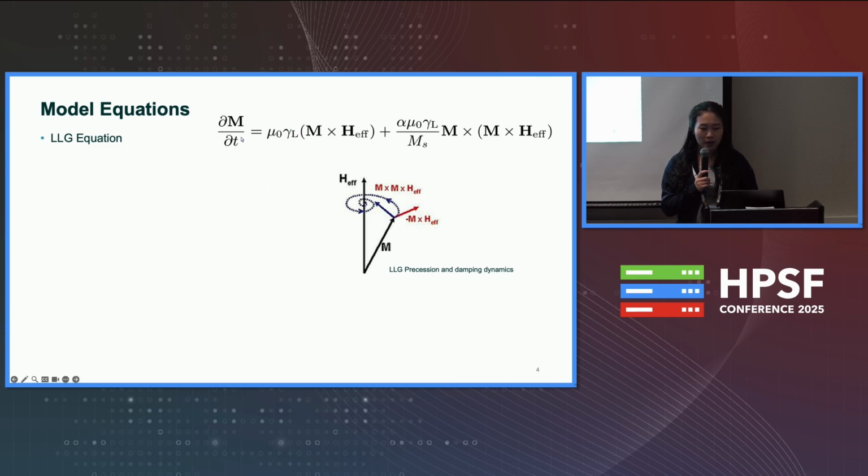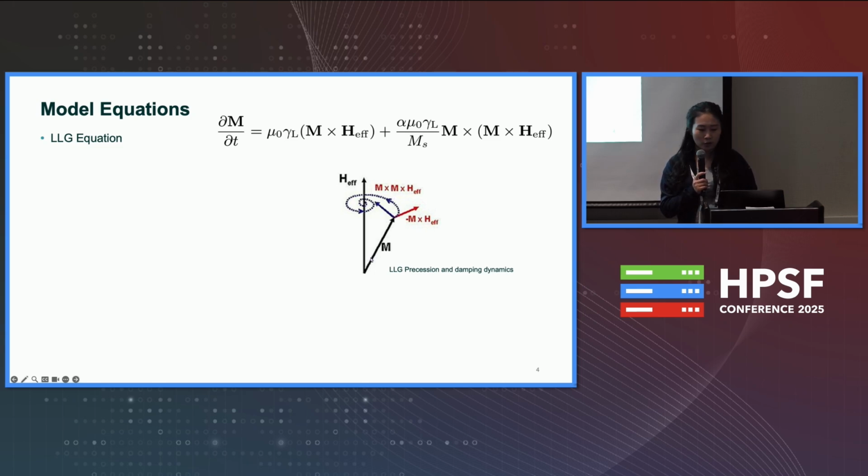But if we look into this equation more closely, this is the time change of m, and the first term is a torque term. We all know that the cross product of two vectors is perpendicular to both of these vectors. So this is really just a torque which causes m to precess along the direction that's perpendicular to m.